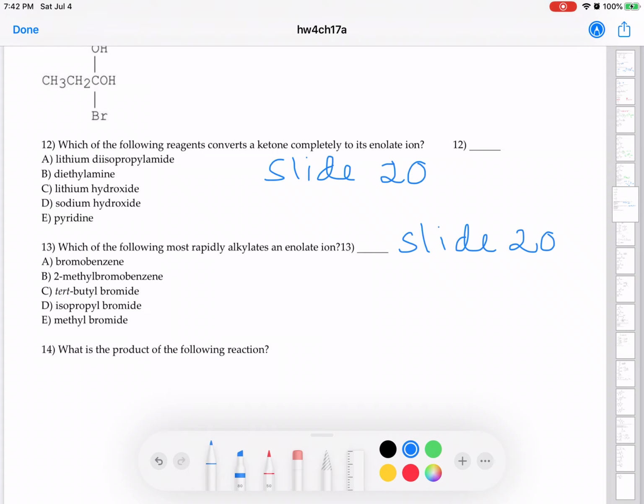So your bromobenzene is going to be this molecule. This is bromobenzene. And then we had 2-methylbromobenzene.